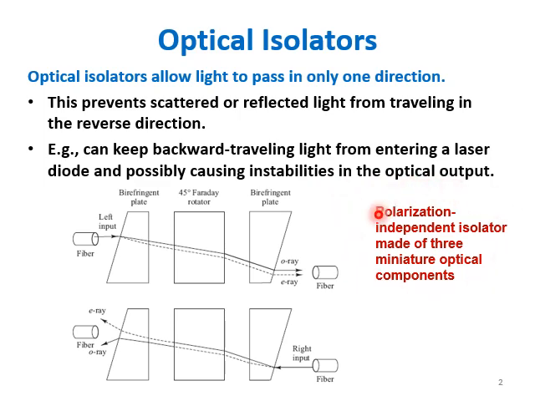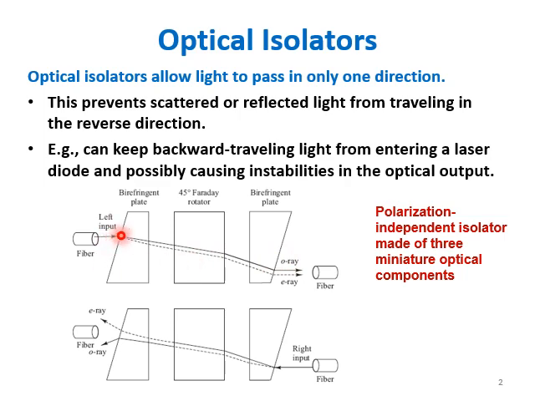Polarization independent isolators are made of 3 miniature optical components: a birefringent plate, another birefringent plate placed in parallel, and a Faraday rotator of 45 degrees. The light input is rotated by a 45-degree angle relative to the particular axis, and the 45-degree Faraday rotator rotates the light in one way.